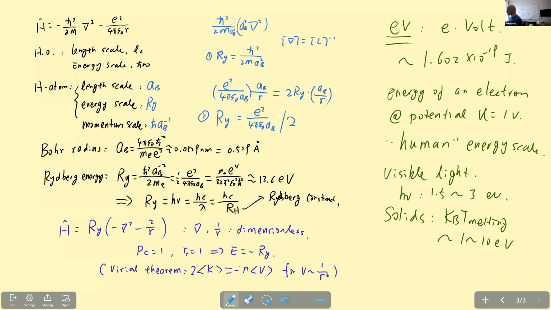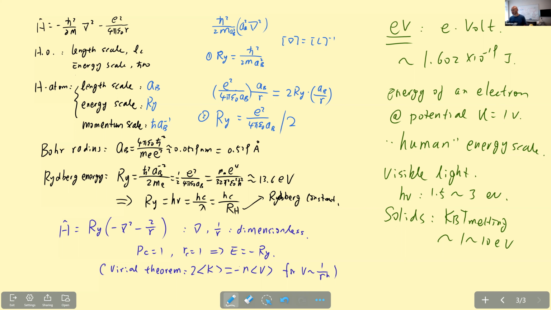So there is actually a reason. All of the chemistry, biology, and the solids around us are because of chemical reactions between atoms. That involves the change of the states of electrons in the atoms, and this energy scale is given roughly by the Rydberg energy. That's why the electron volt is such a useful energy scale for us. It's so biological, so human, because we are made of molecules.